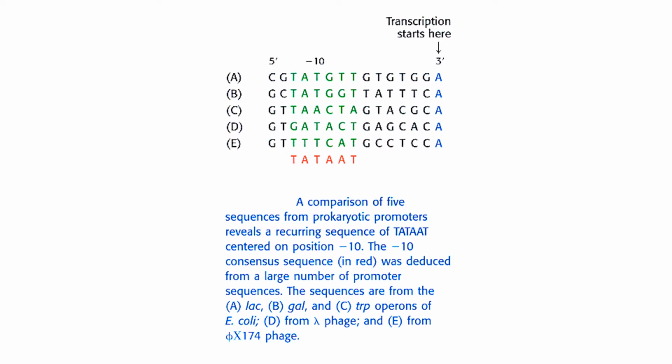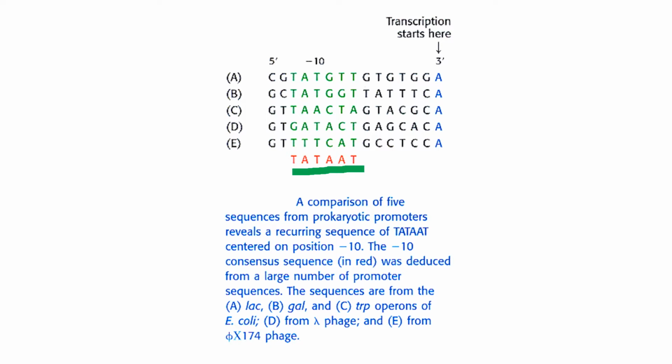This is just a comparison of some prokaryotic promoter sequences at -10, and you can see that there is considerable variation compared to the consensus sequence of TATAAT. So depending upon how close these are to the consensus, it will affect the strength of that particular promoter.